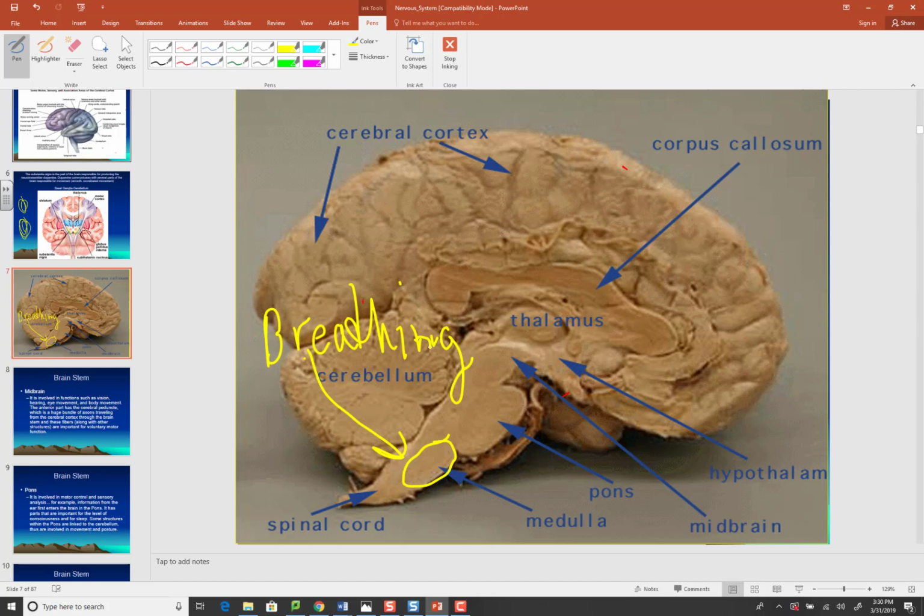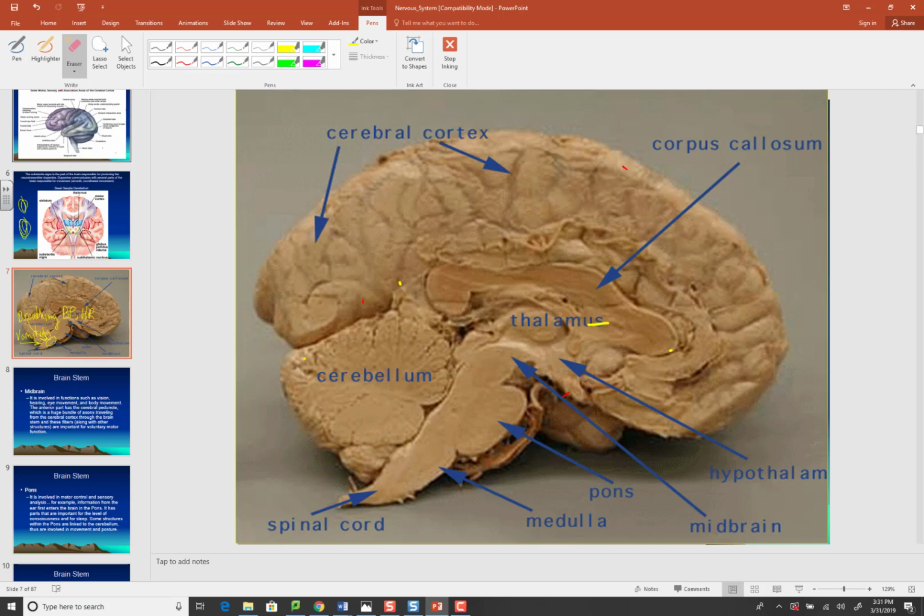But the medulla also controls blood pressure and heart rate, and when we get into more detailed sections on the brain, I'll explain why. The medulla also controls something fun, and that's vomiting. It controls the vomit reflex. So that's the basic function of the medulla.